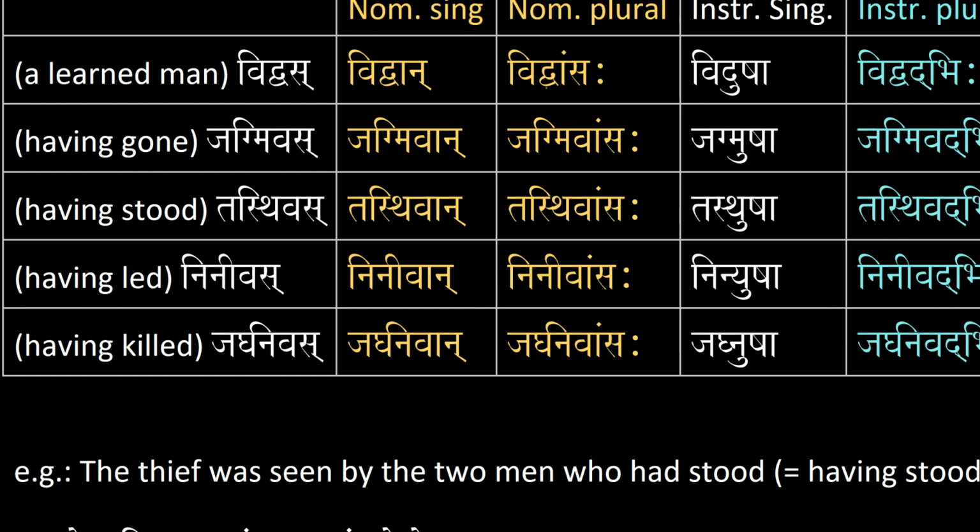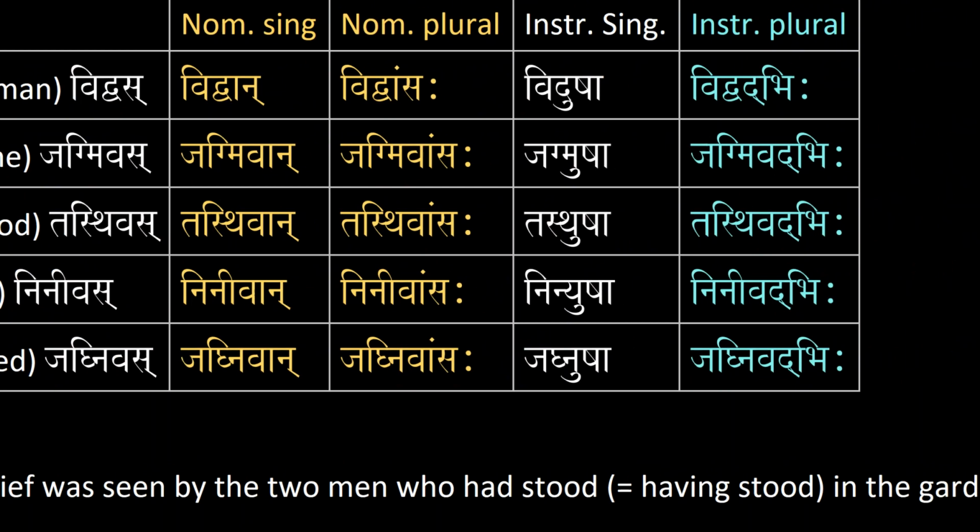And then having killed, we have jagnivas. For nominative singular and nominative plural, strong stem, we have jagnivan, jagnivan saha. And then for instrumental singular, we have jagnusha, that's for the weak stem. And then for instrumental plural, remember, this is the weak stem with the case ending being added on to that, so just be mindful of that.